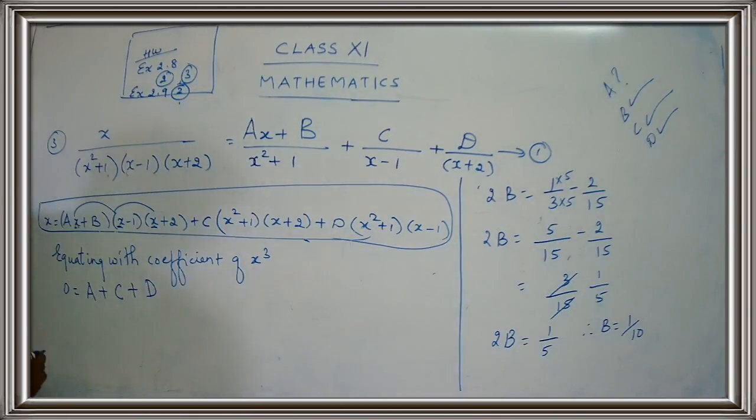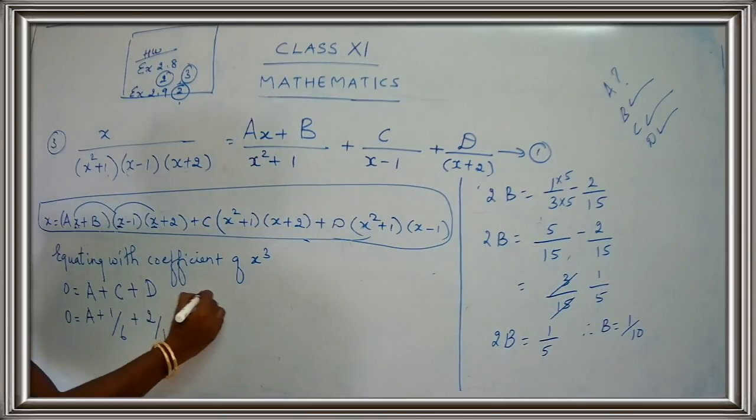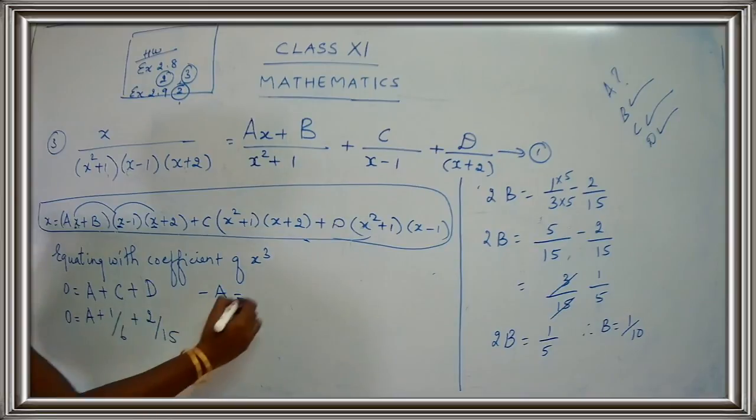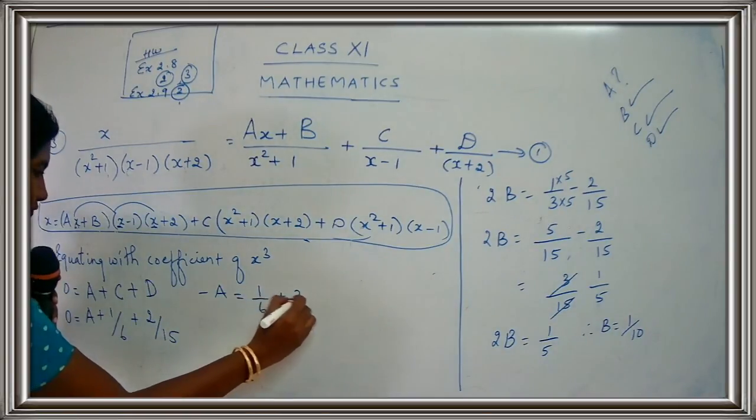So let us substitute the value. So 0 is equal to, what is a? We don't know a. C I know. What is the value for c, children? c is 1 by 6 and d is 2 by 15. So we'll take a to this side. So minus a is equal to 1 by 6 plus 2 by 15.